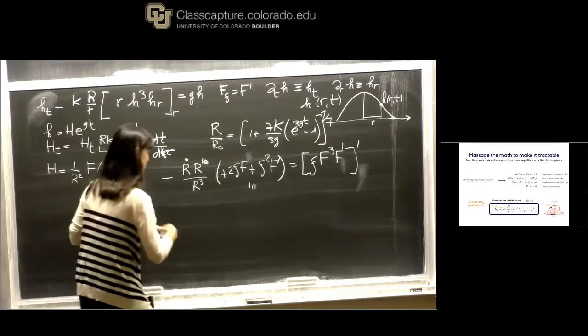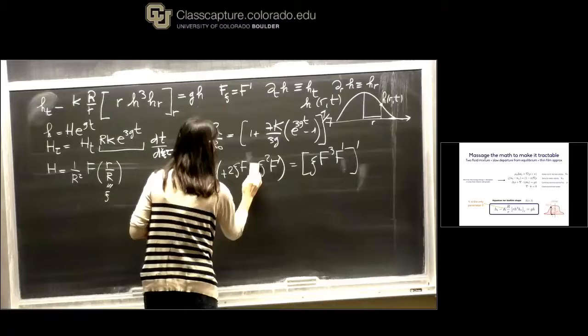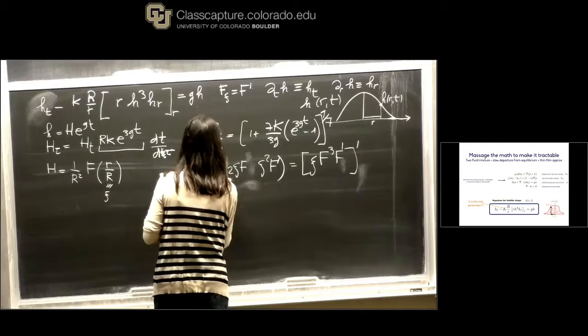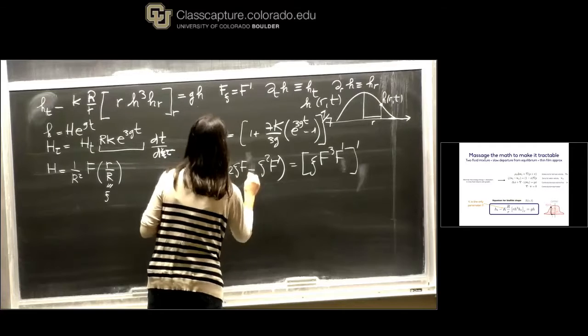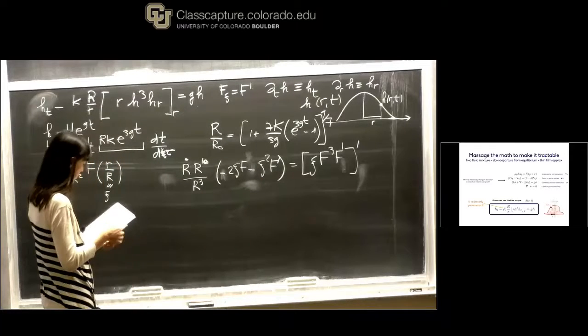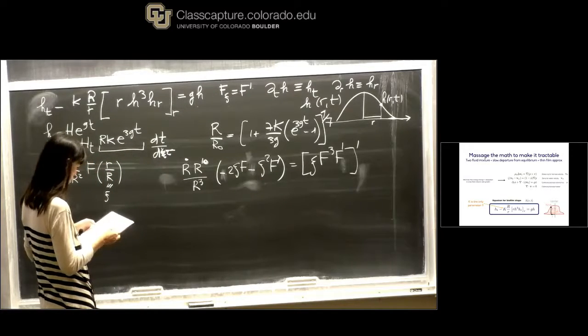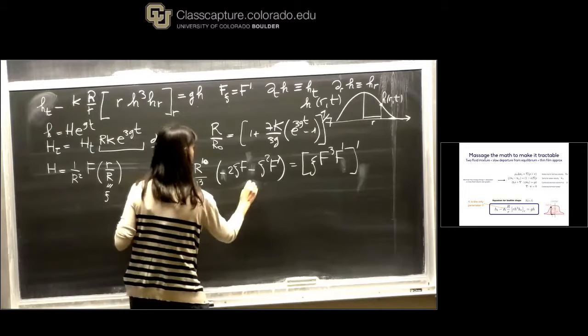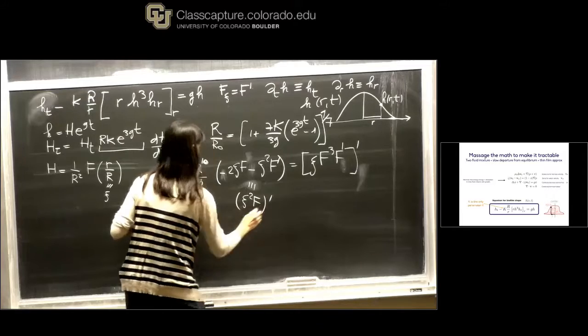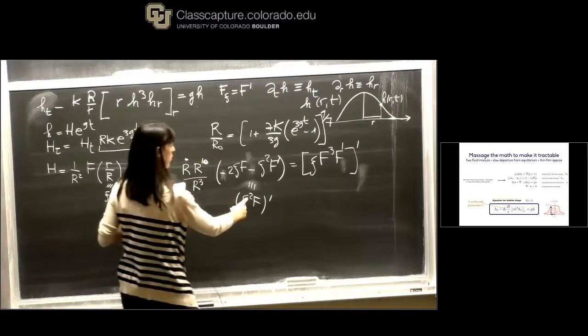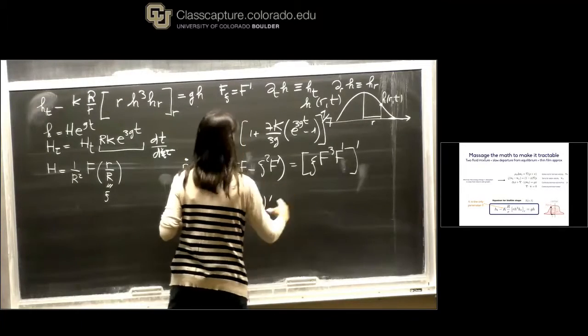Actually, no. Let me leave it like that because otherwise it will be different from my notes. Okay, so this is a derivative, right? Great. So now this equation is very easily solved.